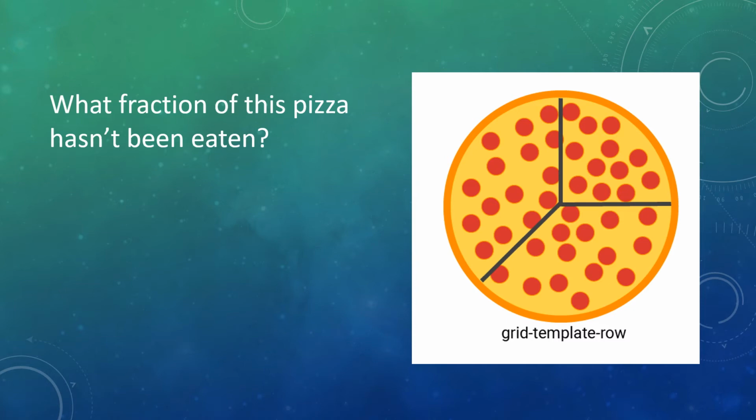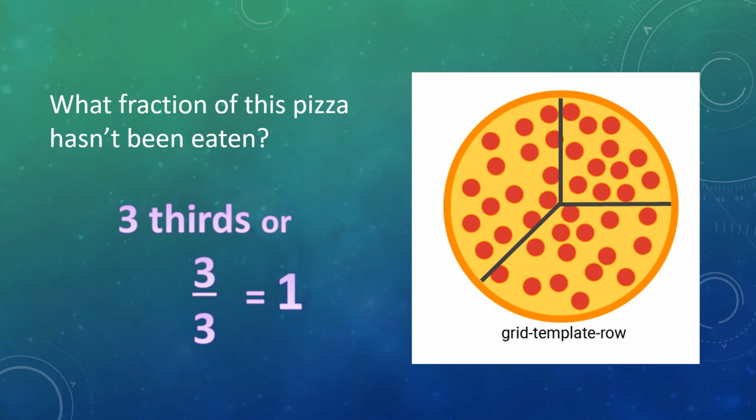So if 3 pieces have not been eaten and the whole has been divided into 3 equal parts, then the fraction for this pizza is 3/3. And guess what? 3/3 equals 1 whole pizza. So what fraction of this pizza hasn't been eaten? 3/3 or 1 whole pizza hasn't been eaten.